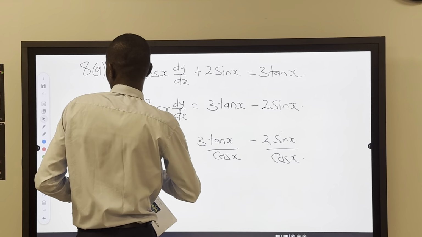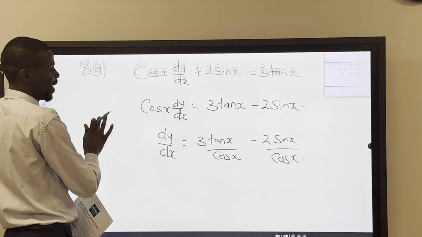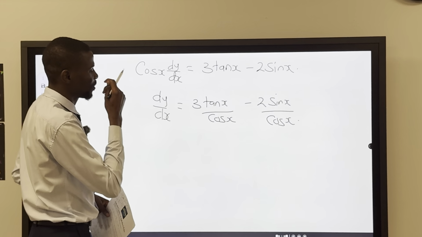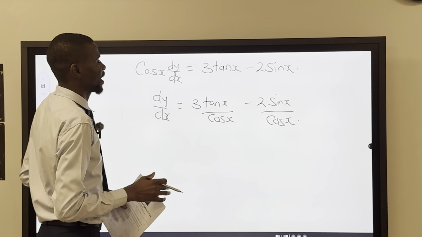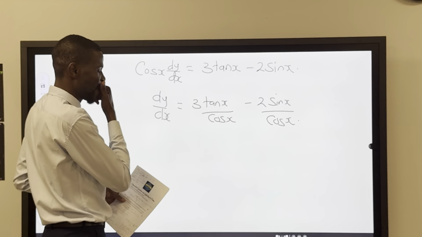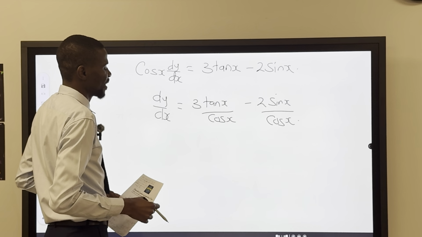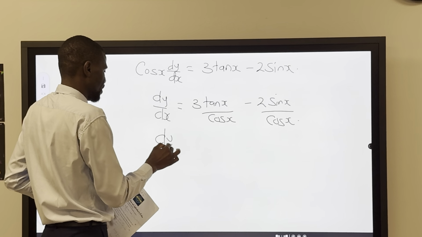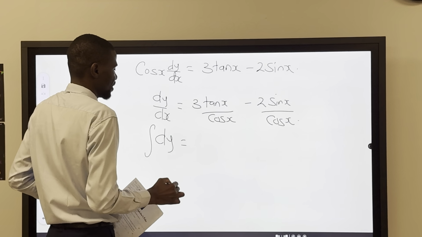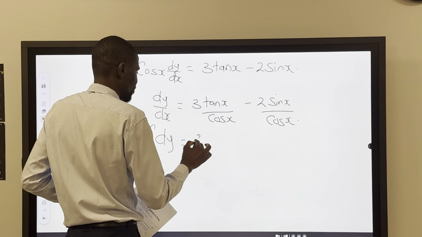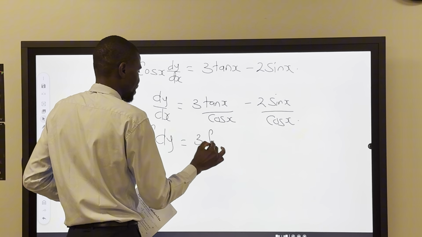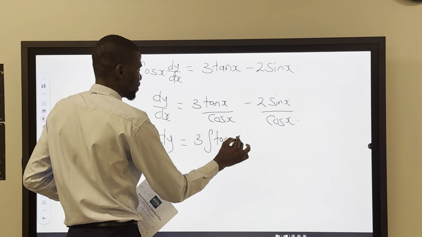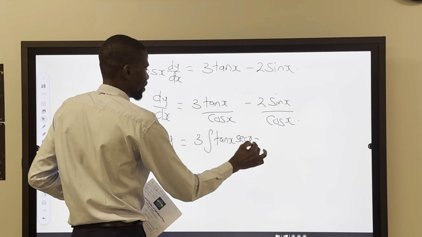Right, so now I have to rewrite this in a clean way so that we are able to identify the exact integration techniques to use. All right, so integral of dy is equal to, I can take out the 3 here, then integral of tan x over cos x, and 1 over cos is sec x, right?